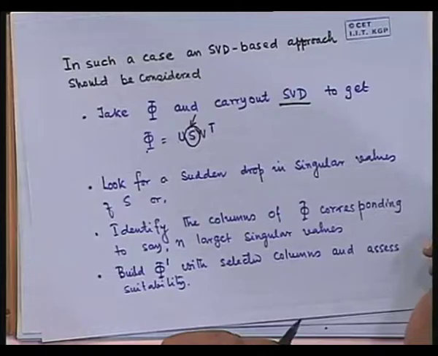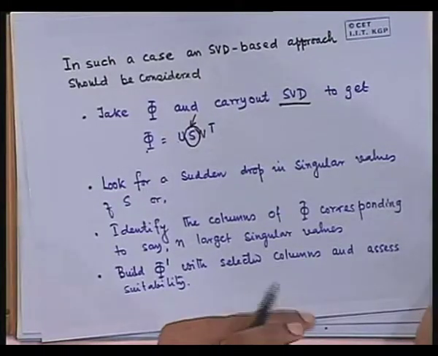If the matrix is close to singular, then what will happen is, suppose the matrix is 5 by 5, it has 3 singular values which are nice and good, maybe 10, 15, and suddenly the 4th and 5th become 0.01 and 0.02. Then you know that the real rank of the matrix is 3. It's not 5. So you check the singular values and you reject the rows corresponding to the ones which have very low singular values.